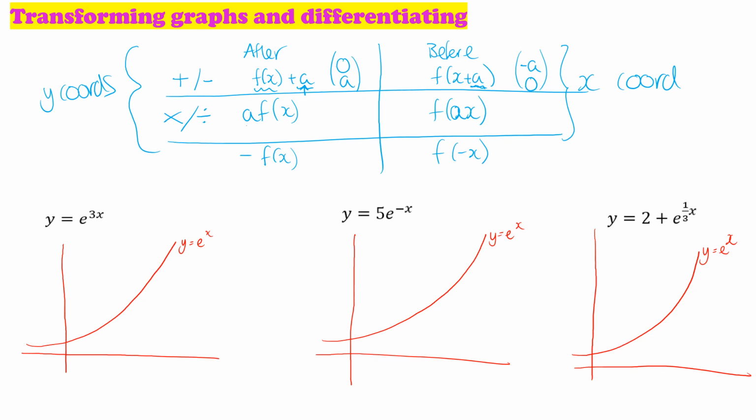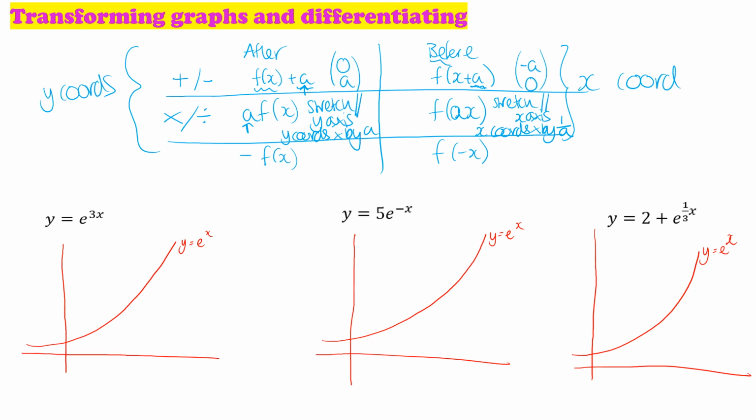If we're timesing by a on the front, this is a stretch parallel to the y-axis, all y coords times by a. So if you can remember the after, then the before one is similar. It's a stretch parallel to the x-axis. Now here's how it goes different. All the x coords times by 1 over a.